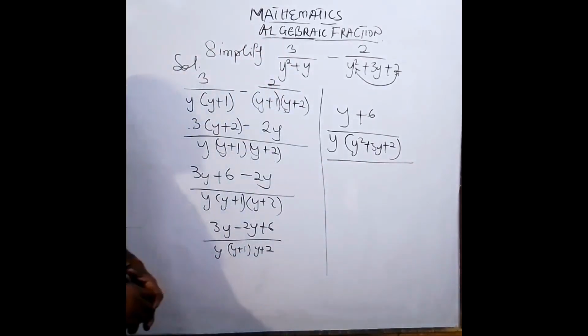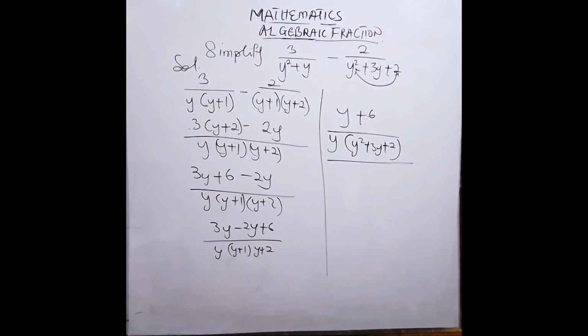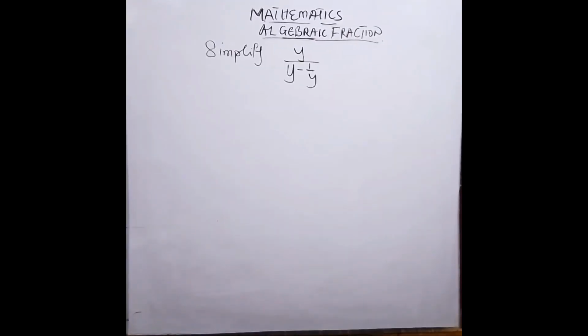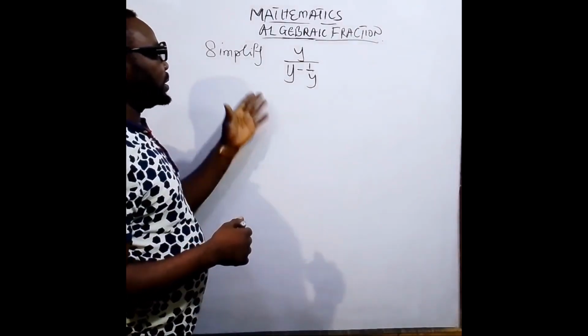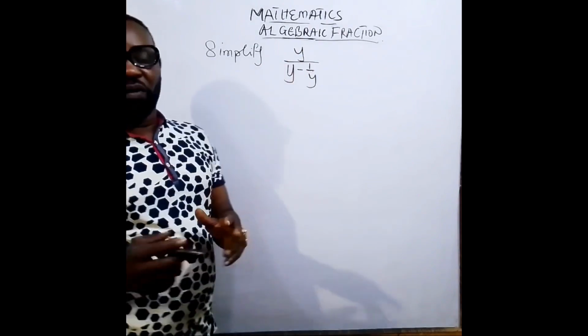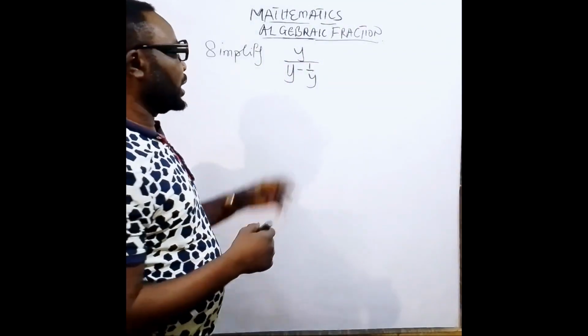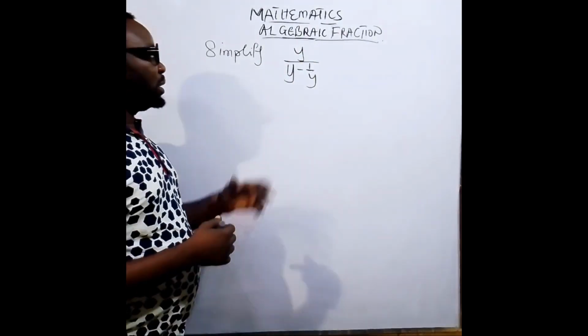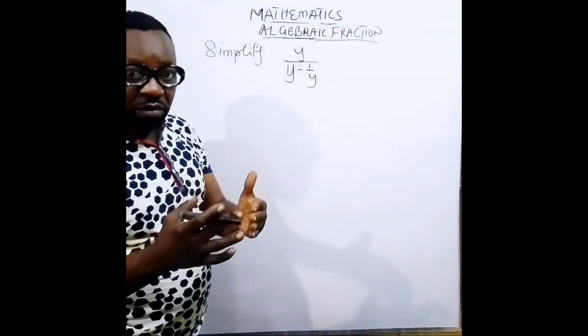Let's look at one more question as regards this particular part of the algebraic fraction. Another question here. This question says simplify y over y minus 1 over y. This expression is just telling us that we should follow the information given to us there.